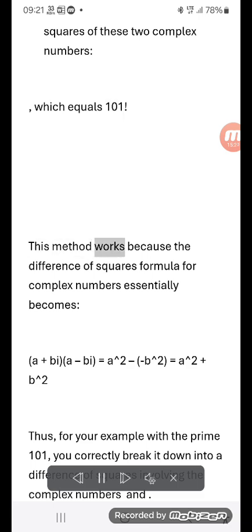This method works because the difference of squares formula for complex numbers essentially becomes a plus bi equals a squared plus b squared.